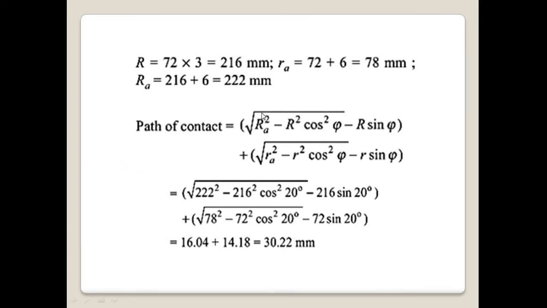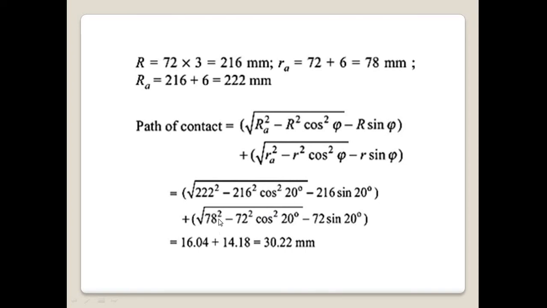So we have the value of capital RA, capital R, phi, small RA and small r. Put the values. Capital RA square, that is 222 square, minus capital R square, that is 216 square, into cos square of 20 degree, minus 216 sin of 20, bracket complete, plus under root 78 square minus 72 square into cos square of 20 minus 72 into sin of 20.